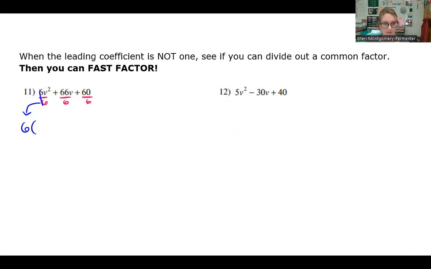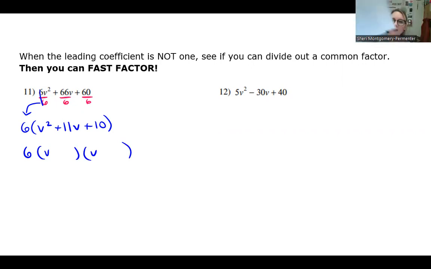And then I have to rewrite everything. So 6 divided by 6, that becomes 1. So I've got b squared. 66 divided by 6, that's 11. And then 60 divided by 6, that's 10. All right, I'm almost done, but I have to figure out what are the things that I can multiply to give me 10 that I could add to give me 11. So I usually have to write them out.